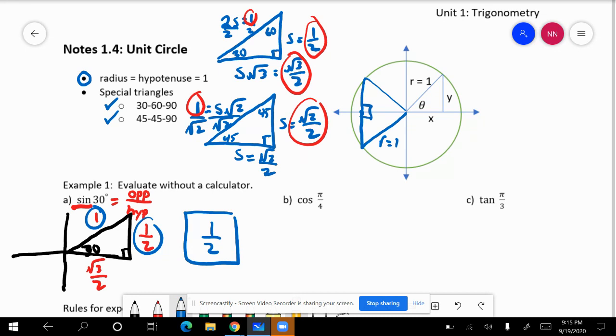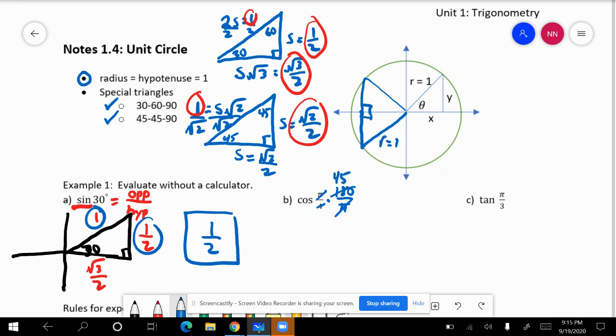Now with letter B, it's a little bit more difficult because it's in radians. So we're first going to convert it into degrees by multiplying it by 180 over pi. The pi's cancel. 4 goes into 180 45 times.